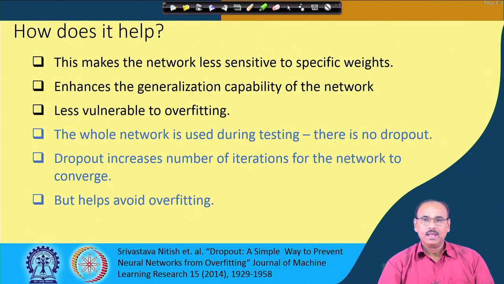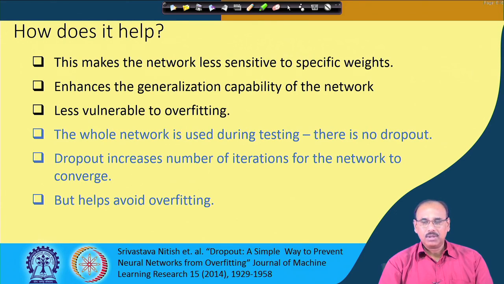This is done only during the training process; during testing, the entire network is used. That is, there is no dropout at the time of testing. Obviously, while training, as we are dropping out some of the neurons, the number of iterations required to train the network will be more. That means your training time increases.